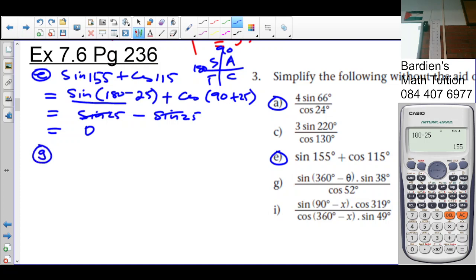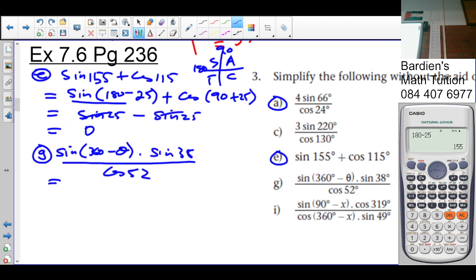Let's look at G. In G, we have sine (360 minus theta) times sine of 38 over cos of 52. So sine (360 minus theta) takes you to quadrant 4.